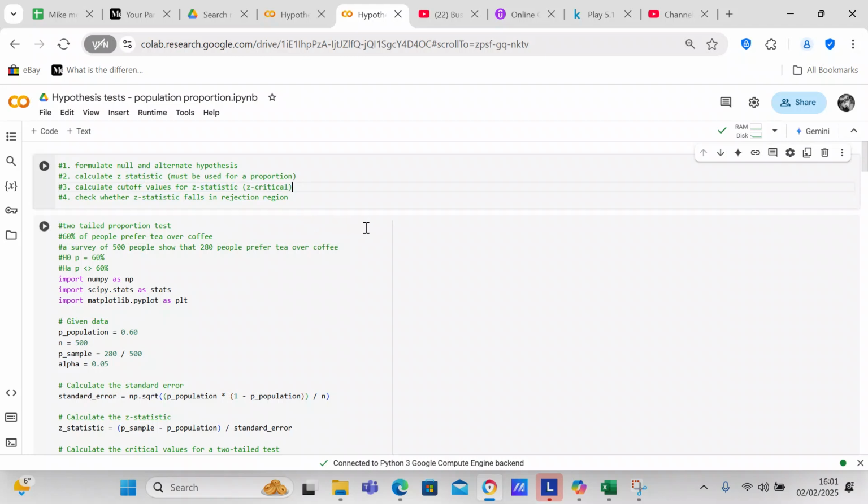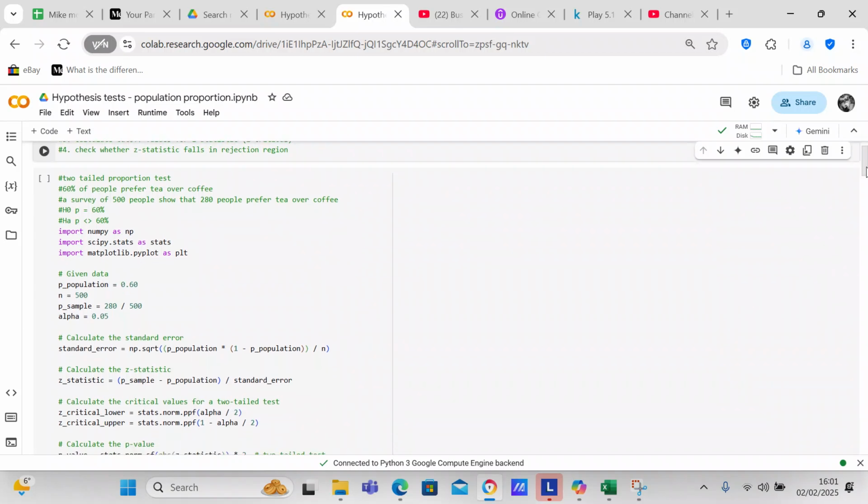And four, you check whether the z-statistic falls within the rejection region. I've got 3 examples to show you the 3 types of hypothesis tests that you can perform for the z-statistic.